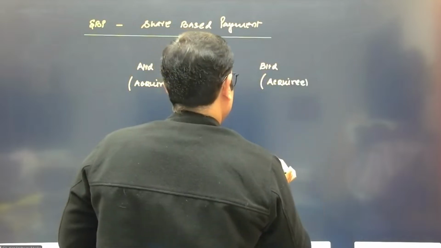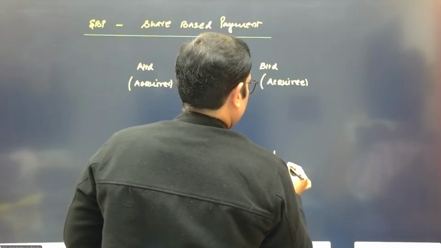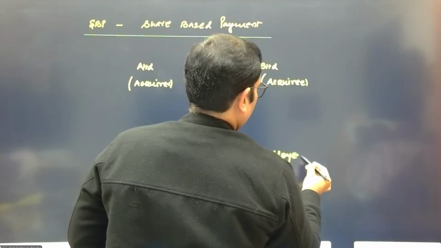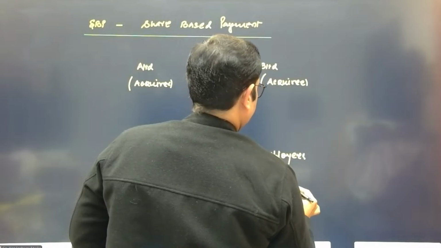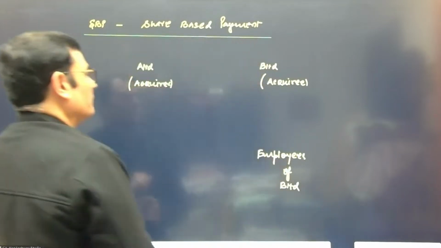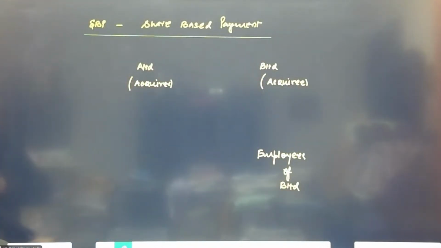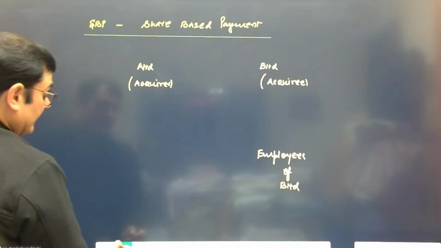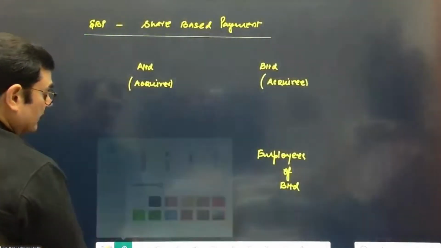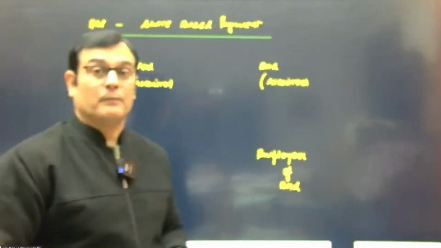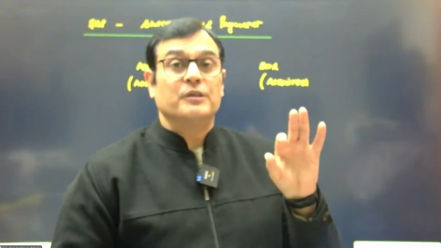And let's say this is the employees of B Limited. So I'm taking a position where A is the acquirer, B is the acquiree, and B has certain employees as well. Now please look at this carefully because you first need to be convinced why we are talking of share-based payments.